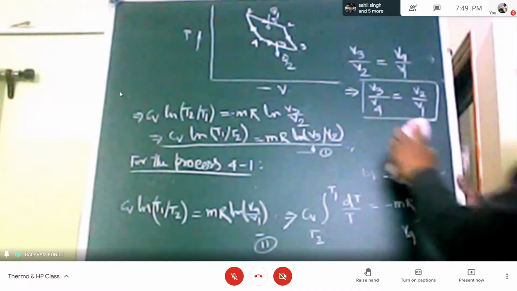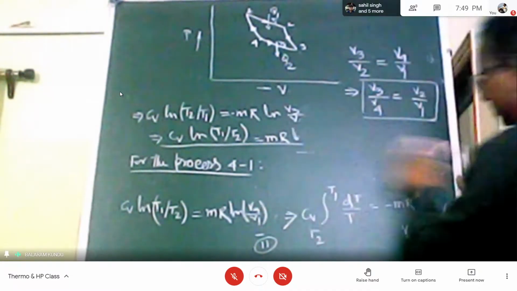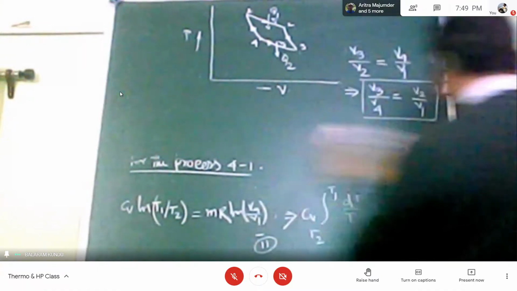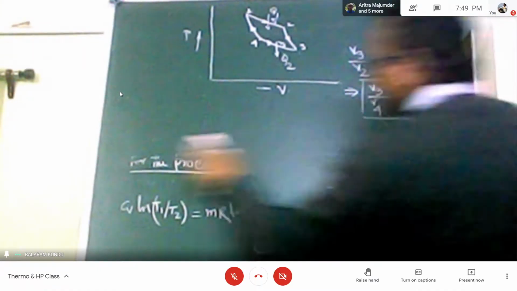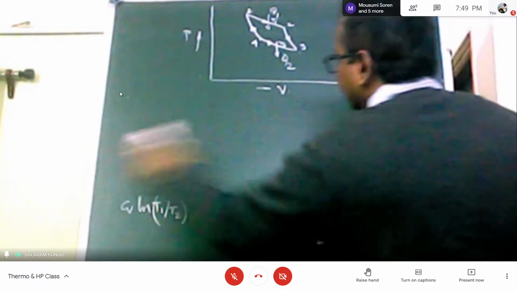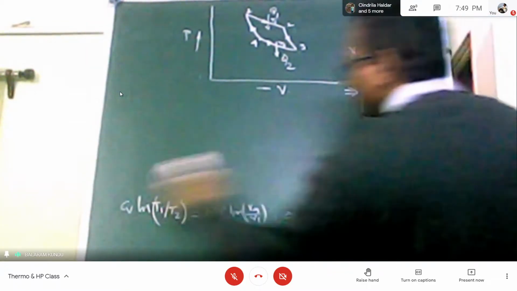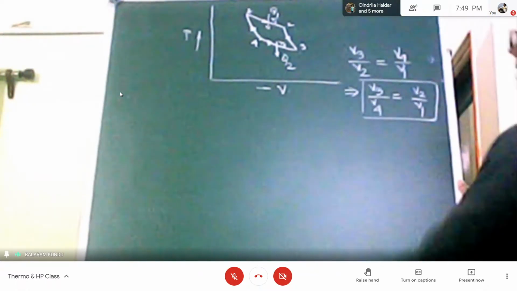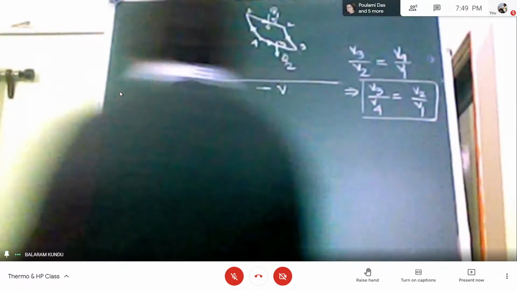Now Q1, this is an isothermal process, and Q1 has a mathematical expression. Already that expression has been obtained.